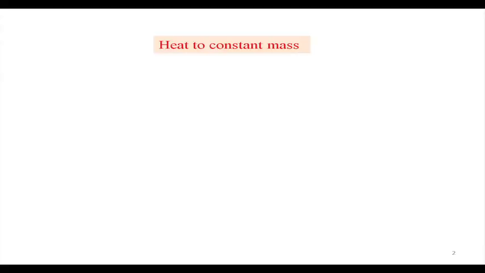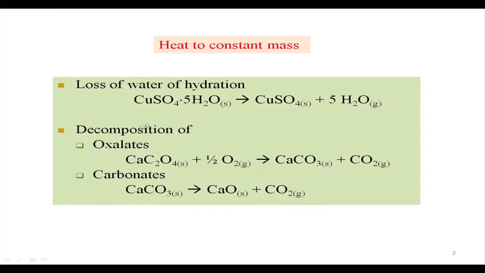So, what we find over here, if we just talk in terms of the loss of water of hydration, is that we can take a simple sample like copper sulphate pentahydrate. In one of our previous classes, we discussed that the water present is many more.